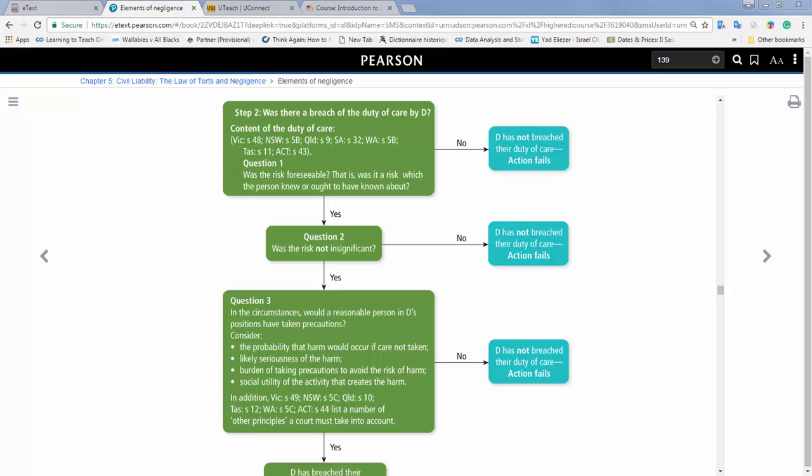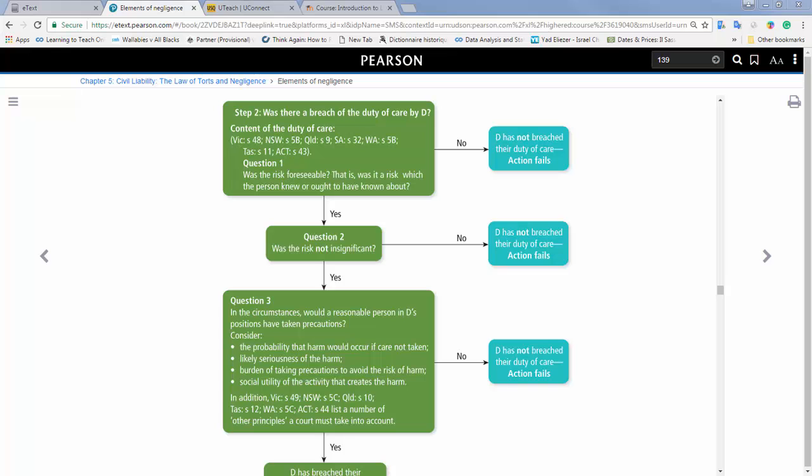When we talk about whether the person knew of this risk, we're talking about what's known as actual knowledge. The other one is known as constructive knowledge. So they ought to have known about it if you apply something like what we call the reasonable person test. So would a reasonable person have known about the risk that was present based on these facts?